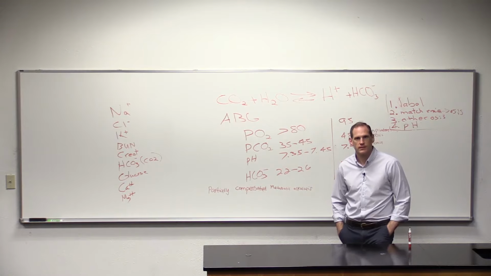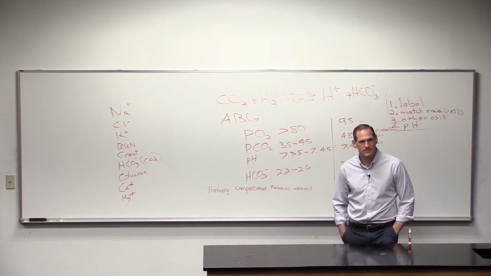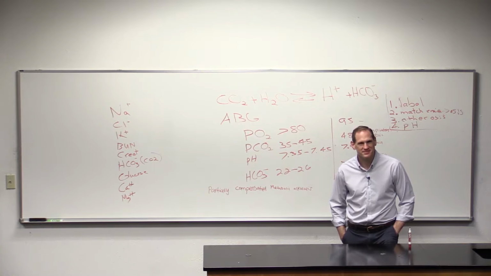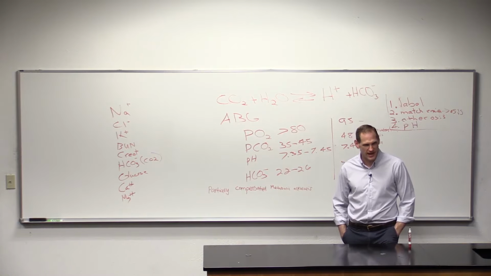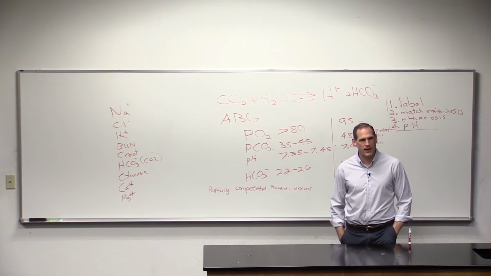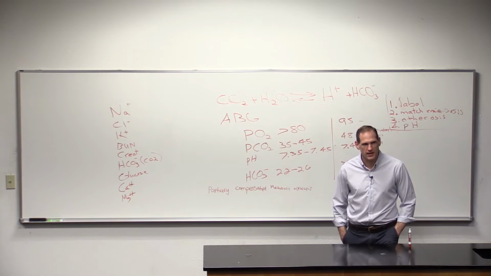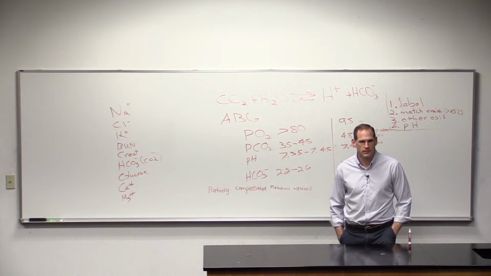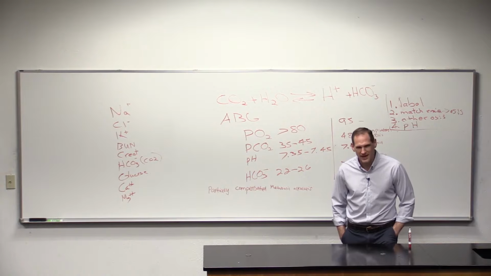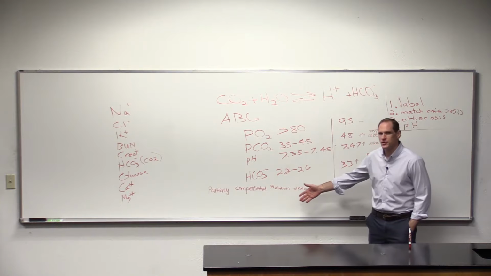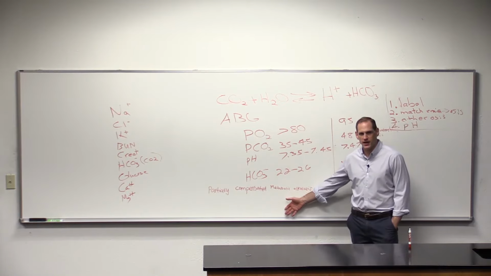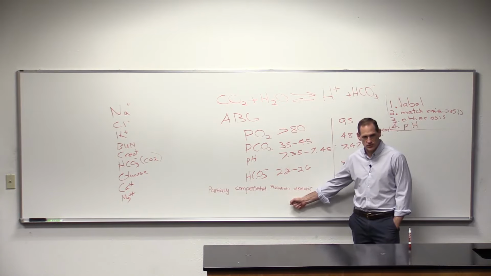Hydrochloric acid. So when you vomit up hydrochloric acid, you're losing acid. So that could cause a metabolic alkalosis.